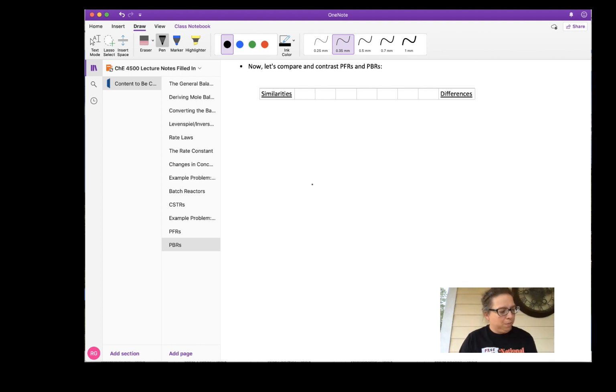Okay, so now let's talk about PBRs. To do that, first let's compare and contrast the PFR and the PBR. What are some similarities and some differences between PFRs and PBRs? Some similarities: they're both tubular reactors.